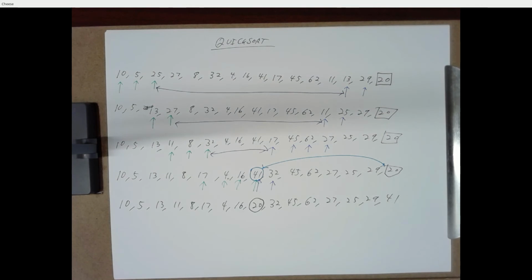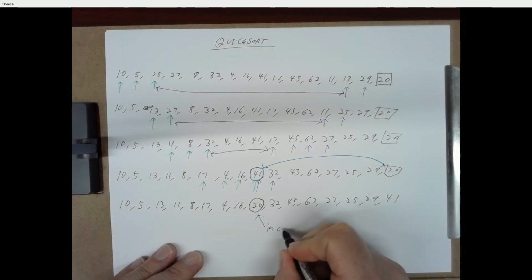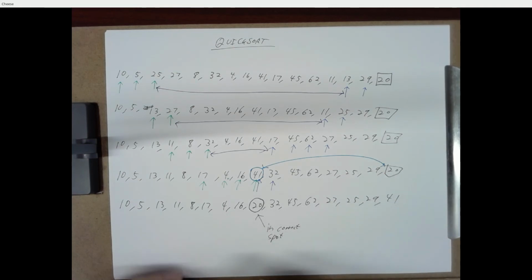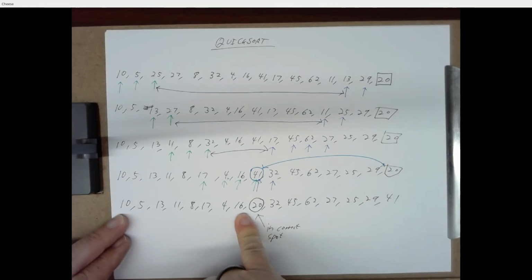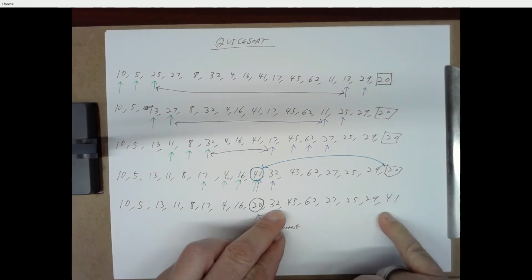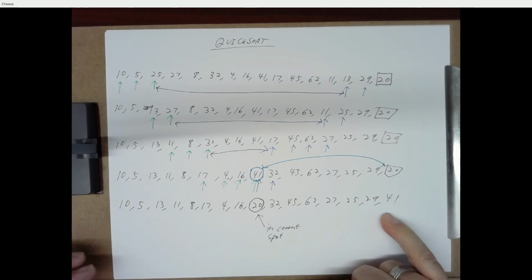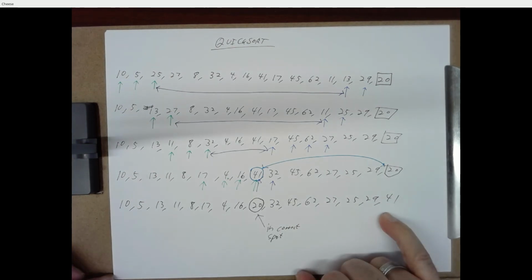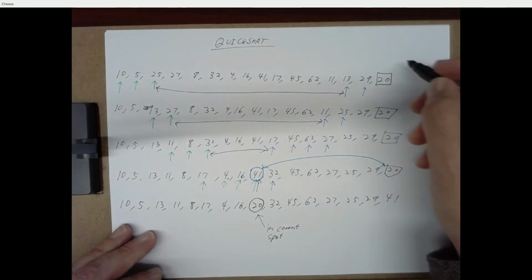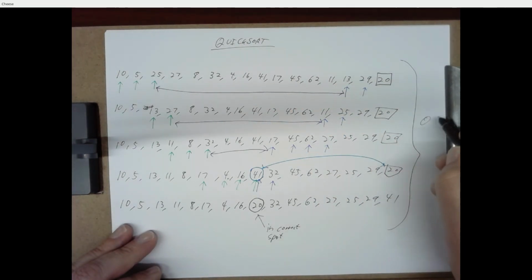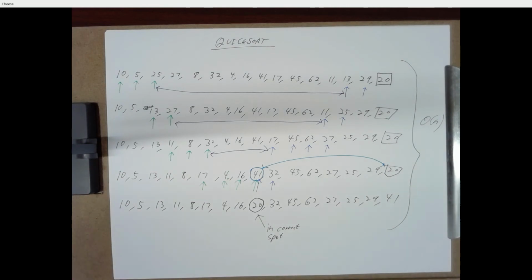And the circle means this is in the correct spot. And the goal of this whole process was everything to the left of this position is smaller than 20, everything to the right is bigger than 20. All right, so this whole collection of steps, basically order n.